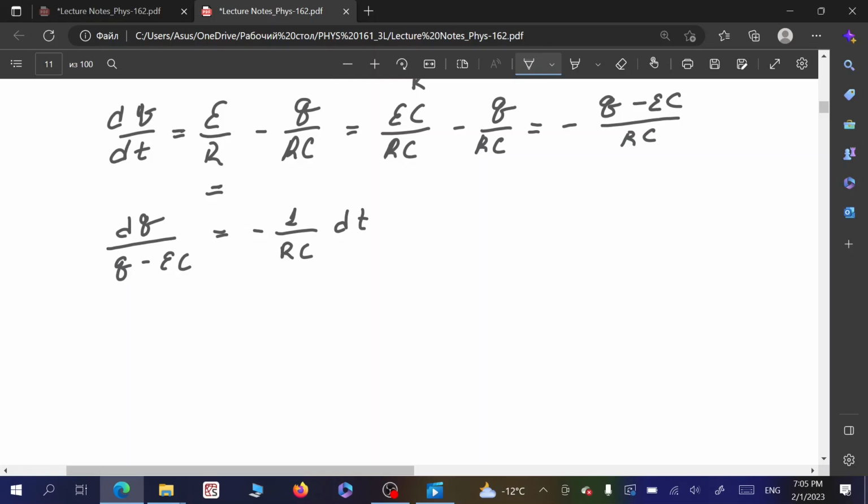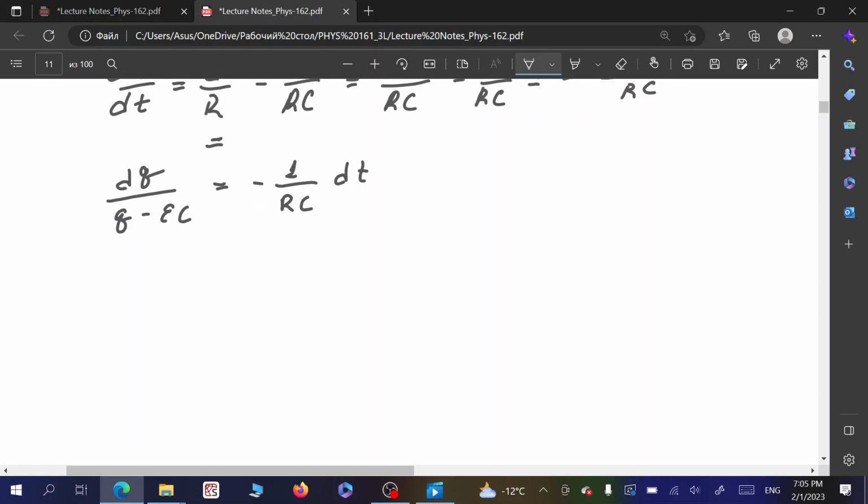So now, in order to get the information about charge as a function of time, meaning charge accumulated at the plates of the capacitor as a function of time, we need to integrate left and right side of this equation. So this will be the following.